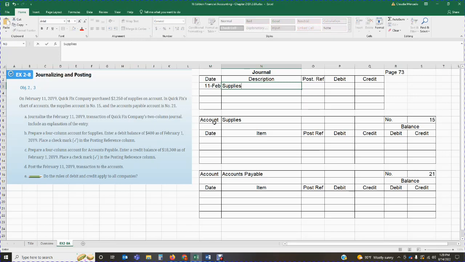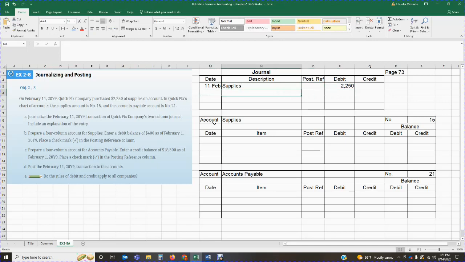Make sure that you have that little map that I showed you in our prior presentation, which basically provides you information as to whether you need to debit or credit your accounts. So you need to follow that map to be able to figure out what needs to be debited and credited. So what did we buy? We bought supplies. Supplies is an asset account. The normal balance of supplies is a debit. So if my supplies increase, I will be debiting my supplies for $2,250.